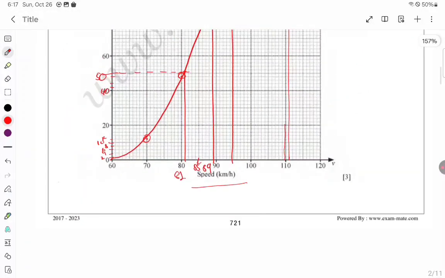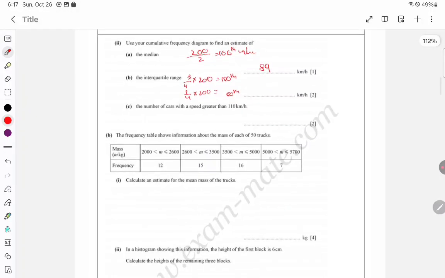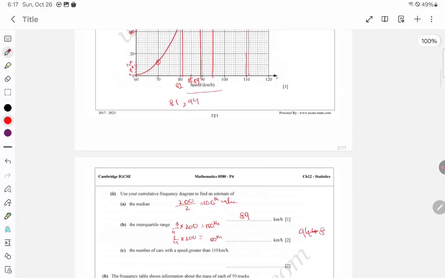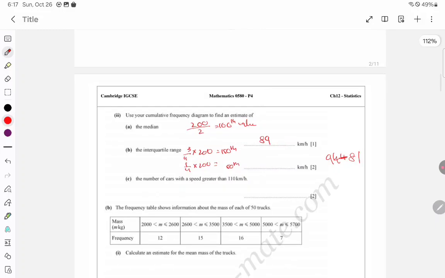So for the lower it is 81 and for the upper it is 94. So for the range, 94 minus 81, we get our interquartile range, which is 13.